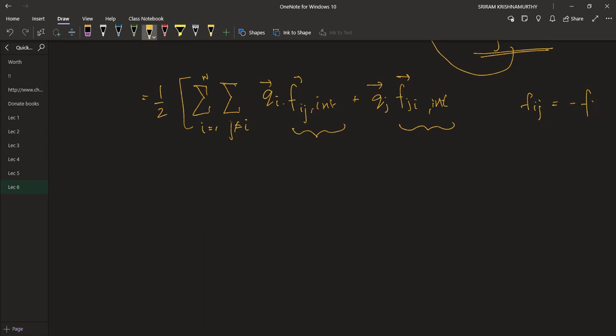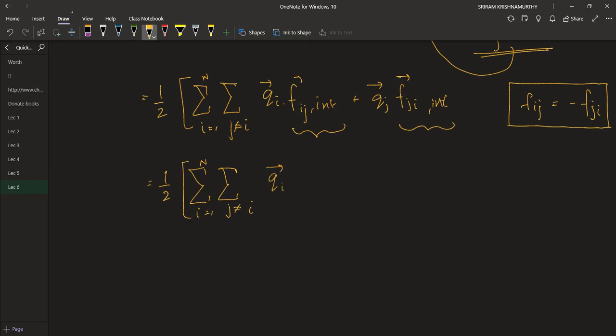right? This is Newton's third law. So what I've done here is I've substituted Fij is equal to minus Fji into the system.